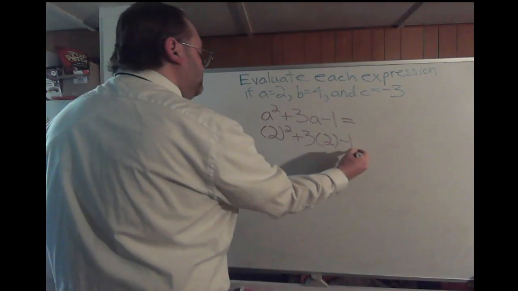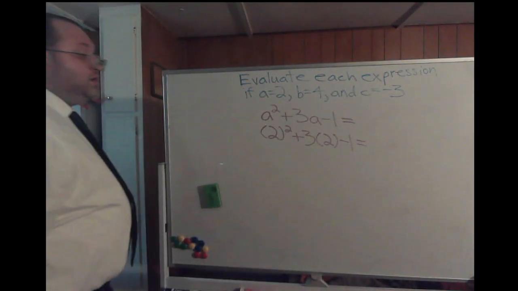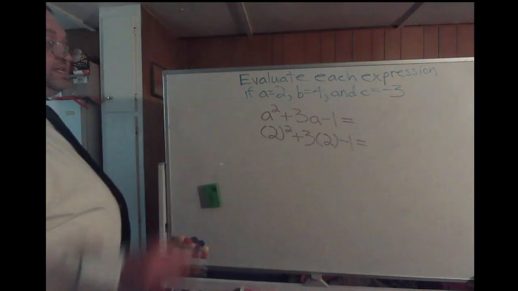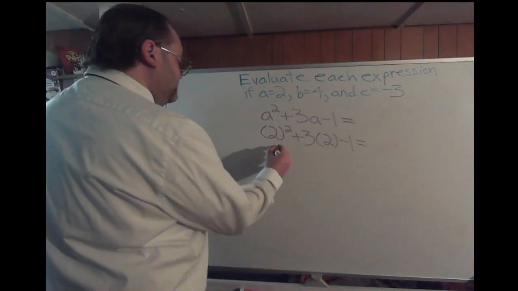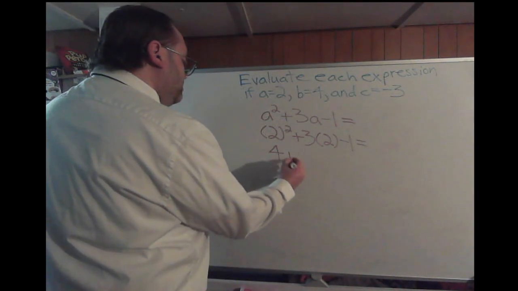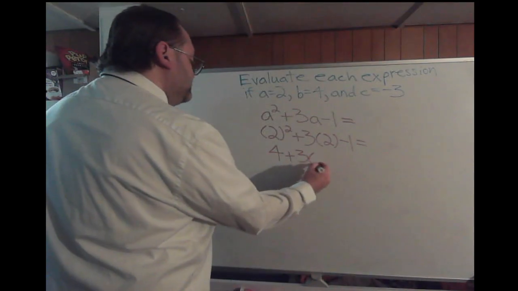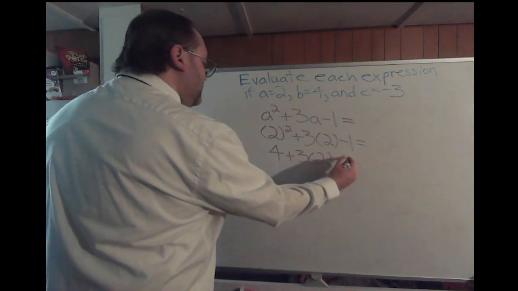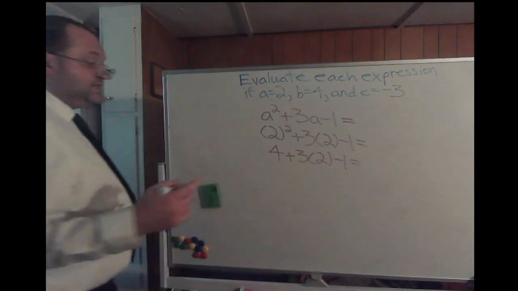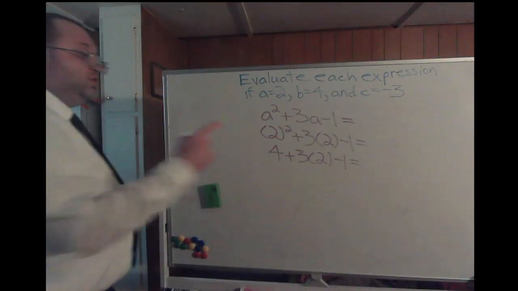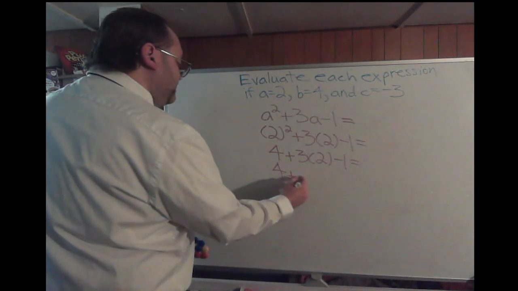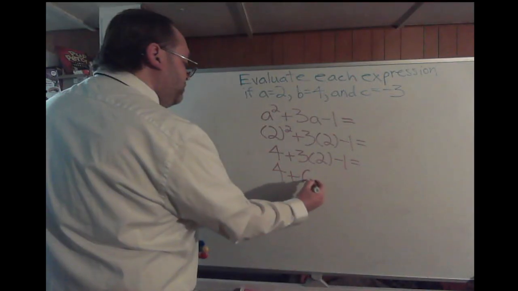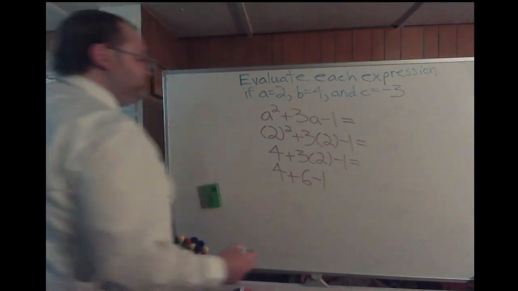All that minus 1. Order of operations states we do the exponents first. So 2 to the second power, that's 4. Plus you have 3 times 2 minus 1. Next we do the multiplication first. So you'll still have 4, but 3 times 2, that's 6. So you have 4 plus 6 minus 1.